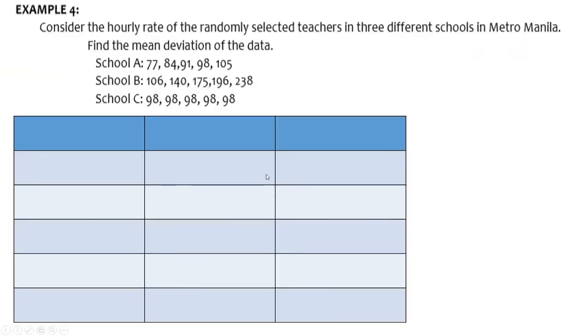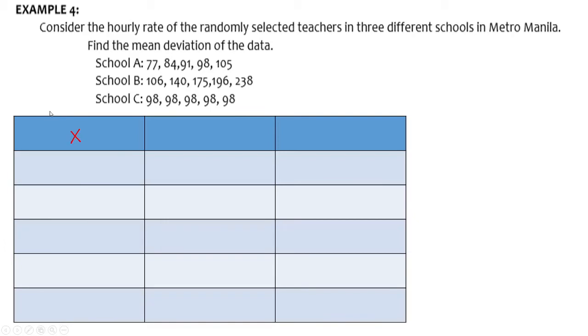So take note, if I'm going to be using a table, this will be the X value over here. Let's use a black pen. Is the color red clear? Okay. So we will be putting the scores here.